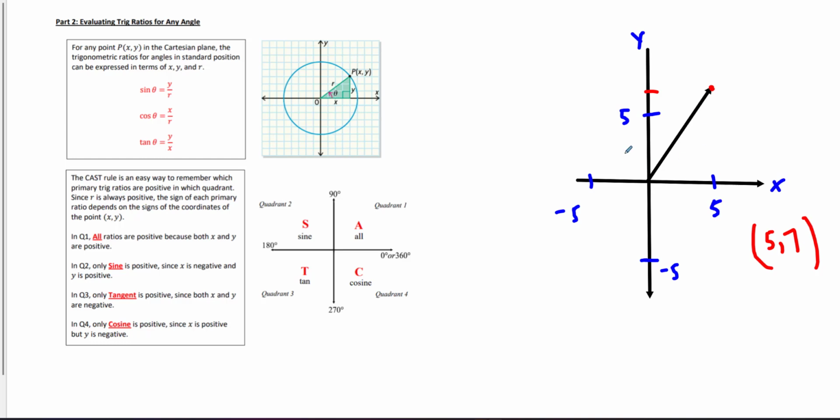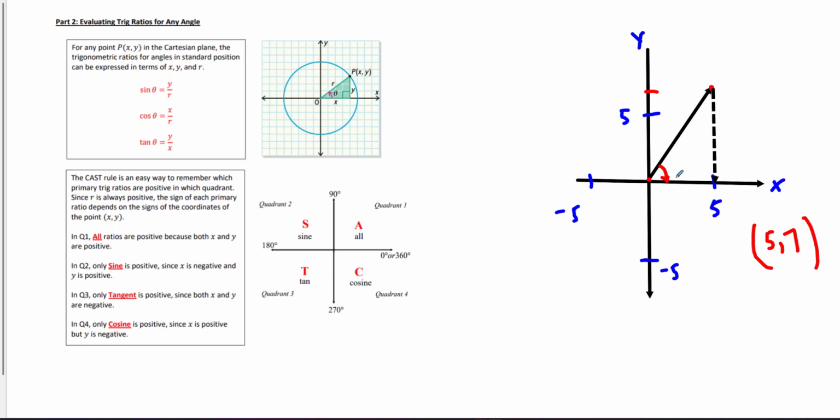Because it's on a grid, if I were to draw a terminal arm to that point, I can draw a triangle like this, and then I can draw an angle in that triangle. This triangle has side lengths, and we know the side lengths.